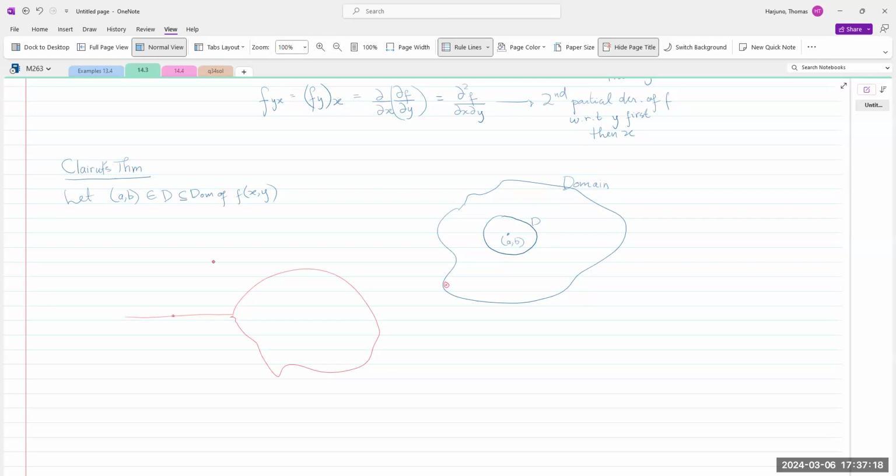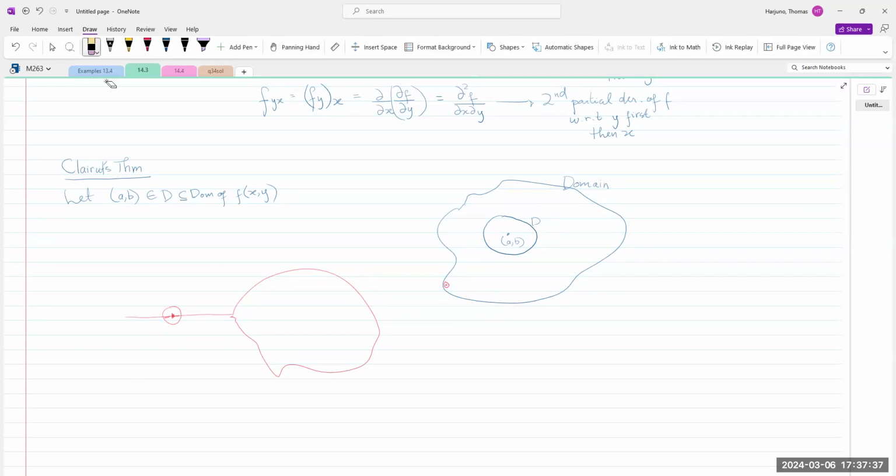The word interior may mean that if you take a circle, you can find something else in the domain, so this point is inside the domain. It's not standing alone. But if we define it this way, then we are guaranteed that you have a disk with any radius, as long as it is a disk, which is fully inside the domain.